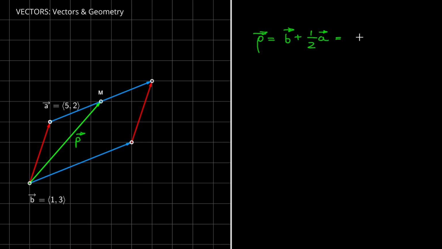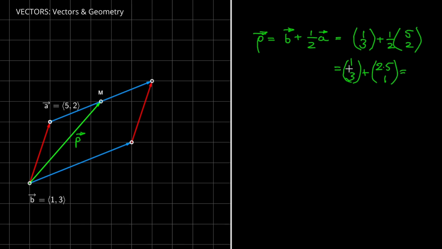Okay, now in column vector terms, vector B, our old friend 1, 3, plus a half of 5, 2. Okay, that's equal to, and let's just tidy this up, that's 1, 3, unchanged, plus a half of both of these values here. So this is 2.5 and a half of 2, 1.